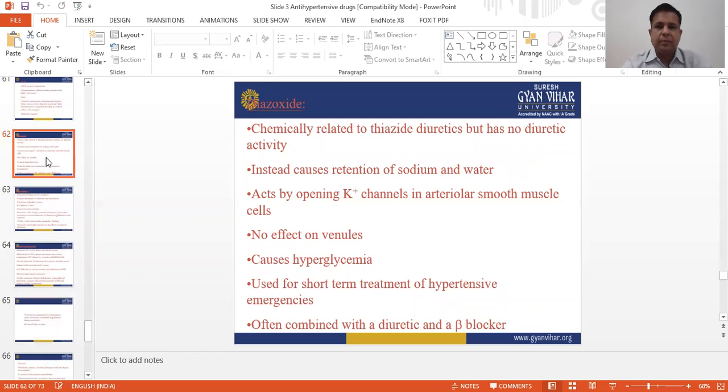It causes hyperglycemia, and is used for short-term treatment of hypertensive emergencies, often combined with a diuretic and a beta blocker.